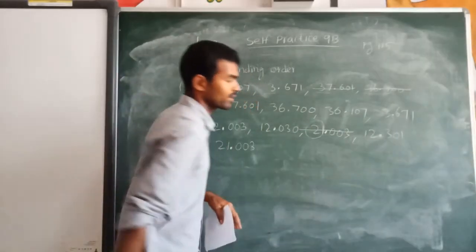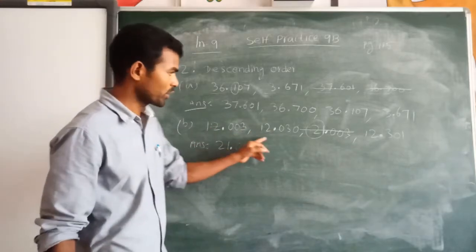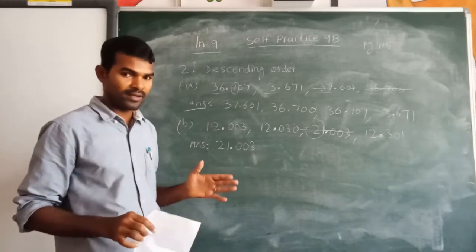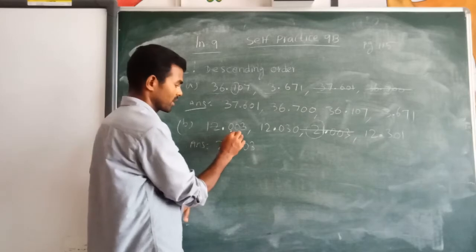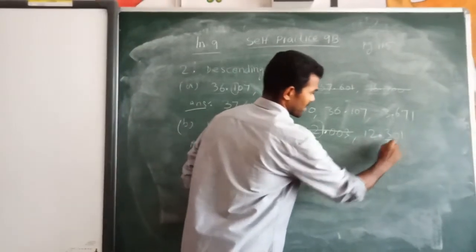So 1 number you have written. Next 3 numbers: 12, 12, 12, so the whole number is equal. Next let us compare the first place after the point. After the point 0, after the point 0, after the point 3.